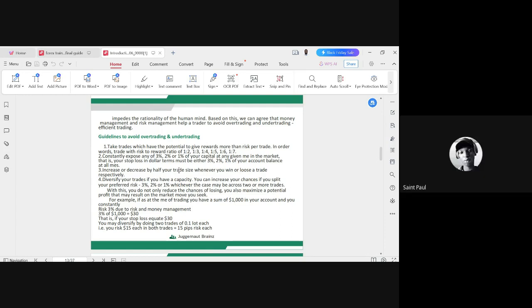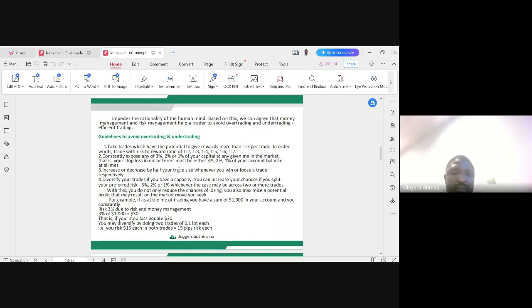Makes sense. Exactly. So that's number three now. Increase or decrease by half your trade size whenever you win or lose a trade. So lot size as well, right? Lots, the lot size.